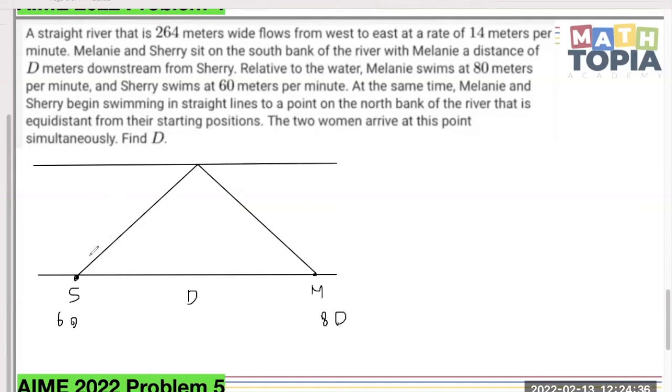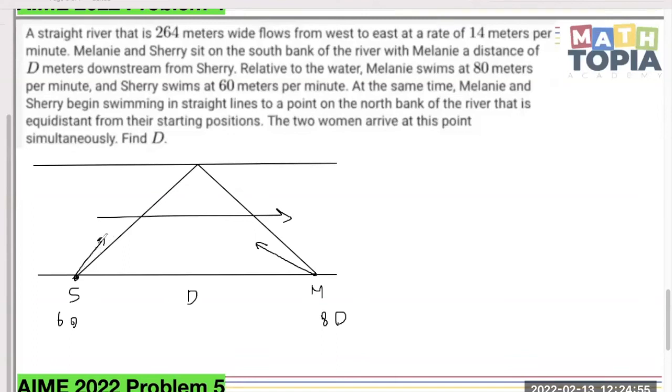And you might be wondering, how do they go the same distance and arrive at the same time? Well, that's because of this current that's pushing them. Melanie is actually swimming in this direction, and Sherry's actually swimming in this direction.